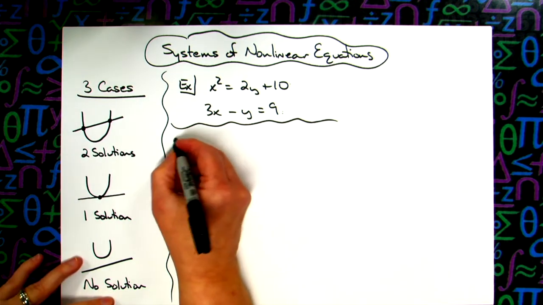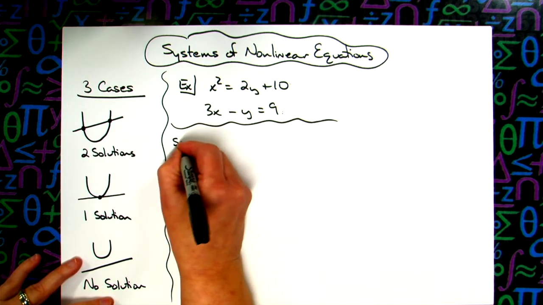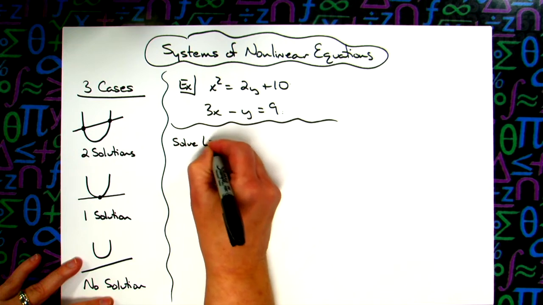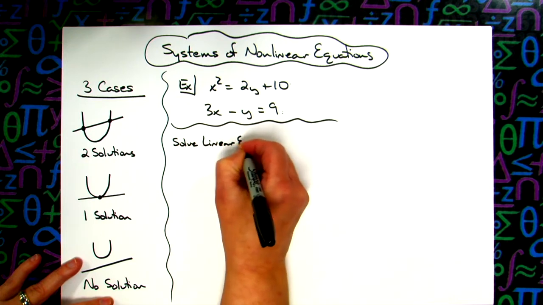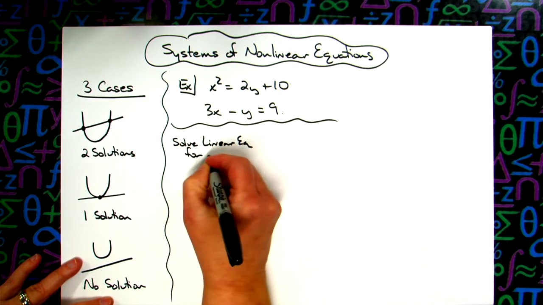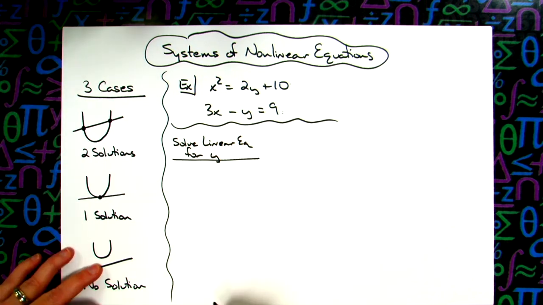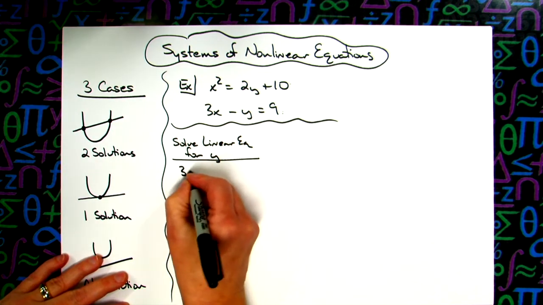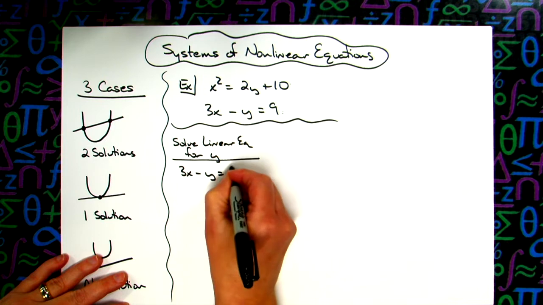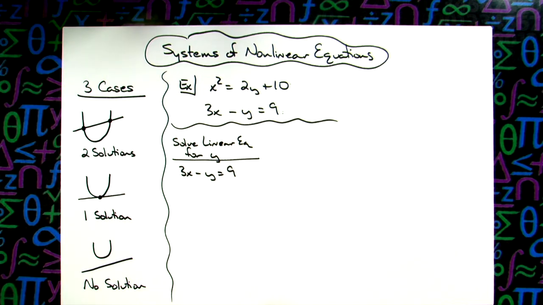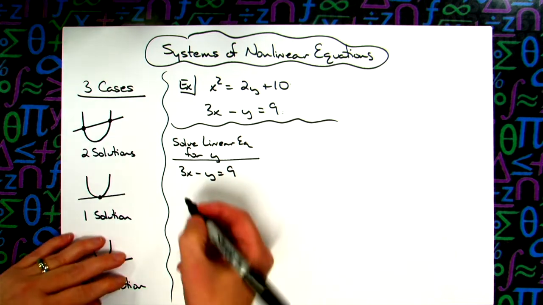So step one: solve the linear equation for y. I'm going to take 3x minus y is equal to 9. Let's add y to both sides of the equation.